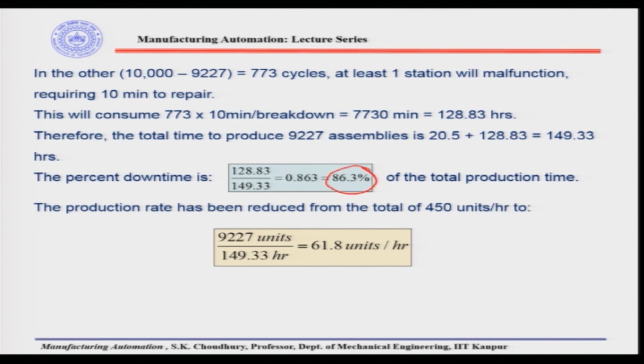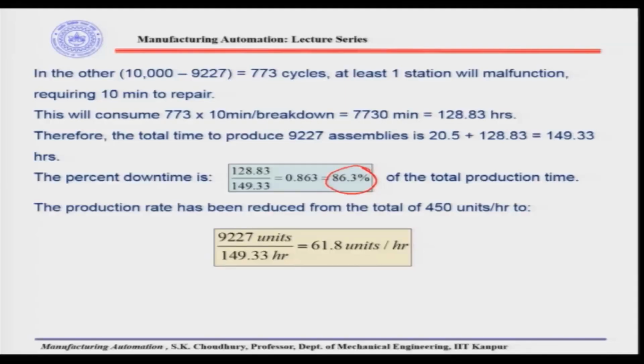Then in that example, we said that the station breakdown basically happens because of improper tolerances or improper parts which go into the assembly and stop the machine. So, the subsequent and the adjacent machines also suffer.